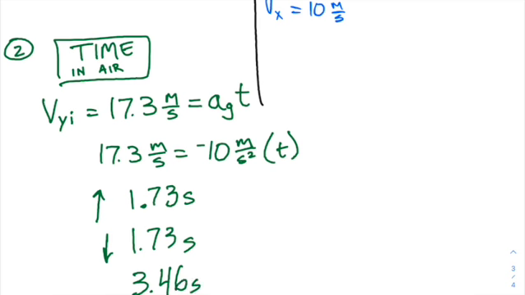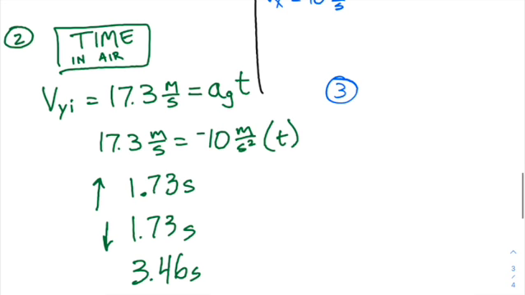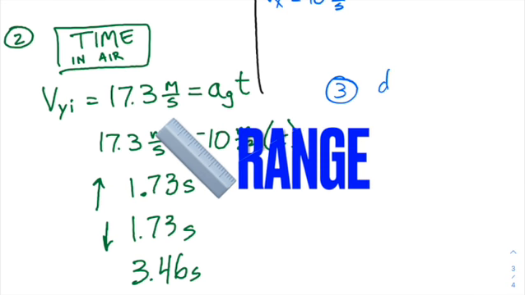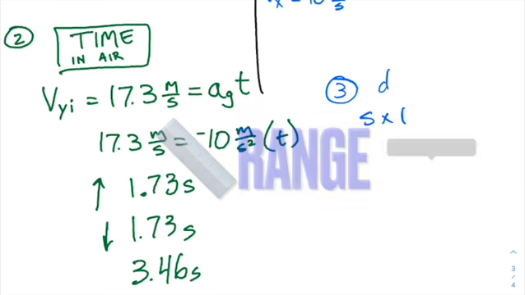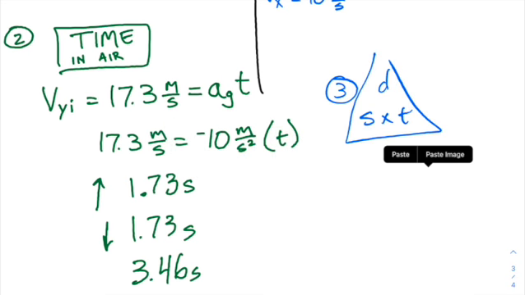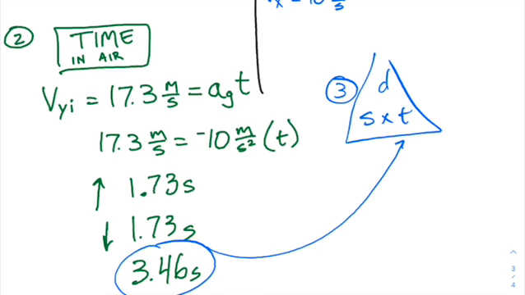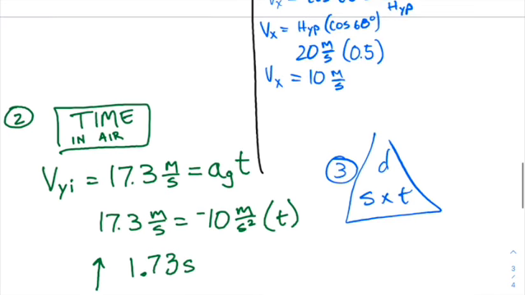Coming back over to the horizontal side, we need to know the distance that it's going to travel based on the speed times the time. And so now we have a time from over here that we bring over to that side, and we have a speed from right up here that we bring down from part 1.